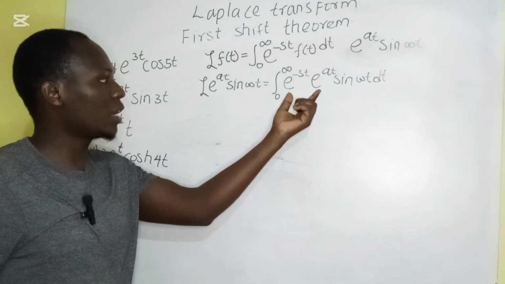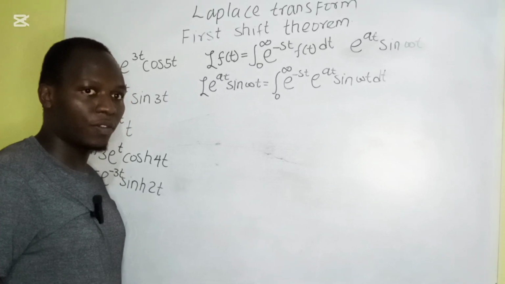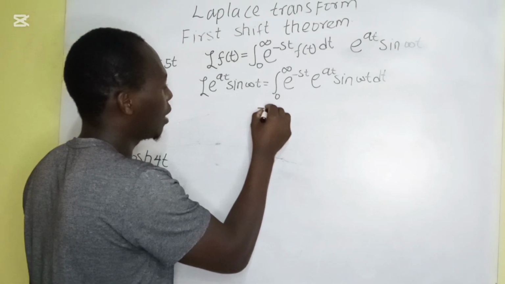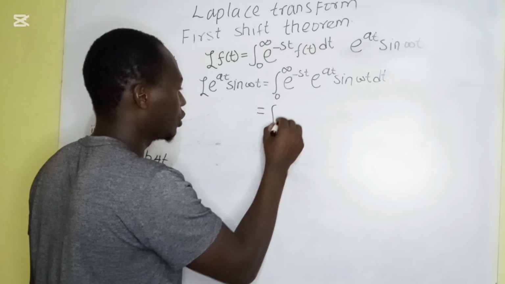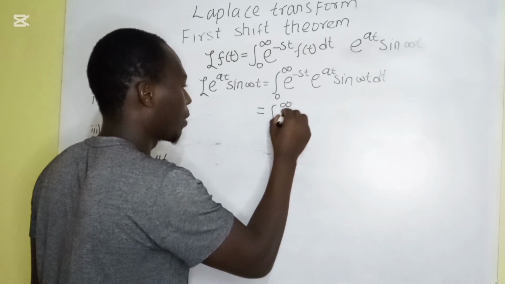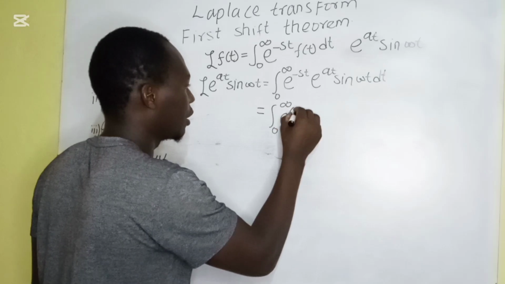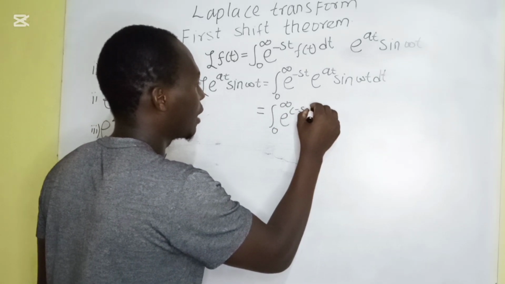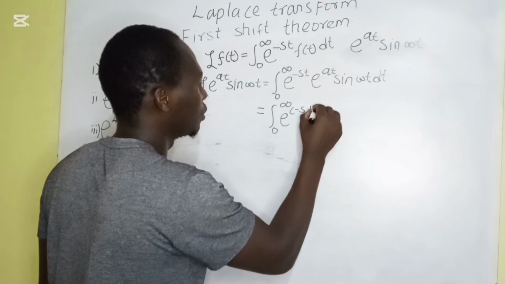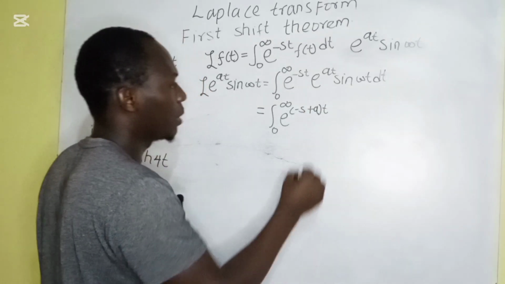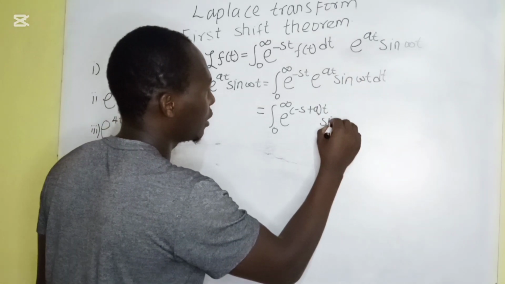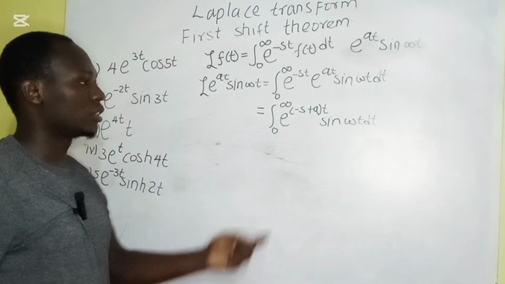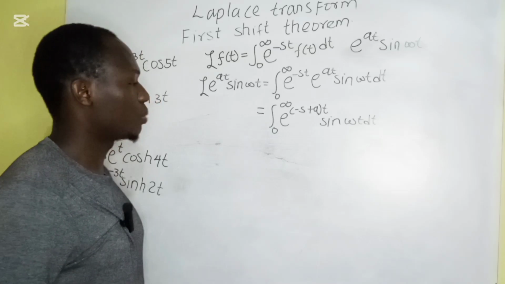At this point, we are going to reduce the number of exponentials by using the laws of indices, whereby we are going to have the integration, with respect to our limits, of exponential in bracket negative s plus a, multiplied by t, times sine of our angle, with respect to dt.